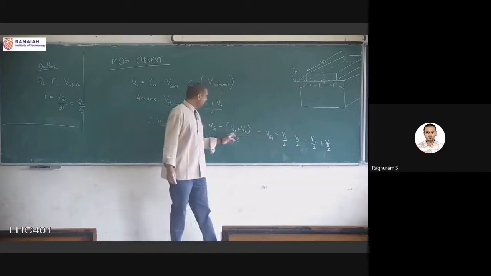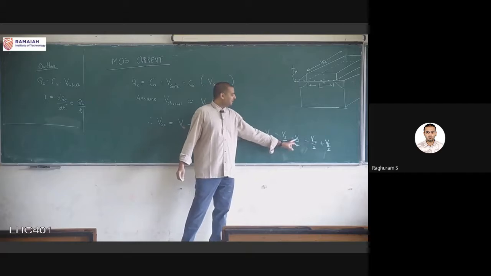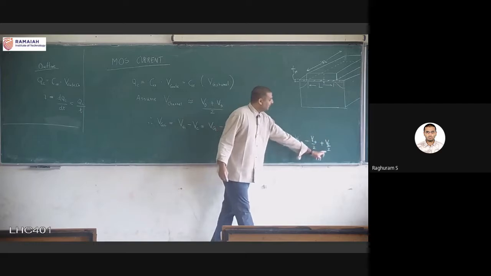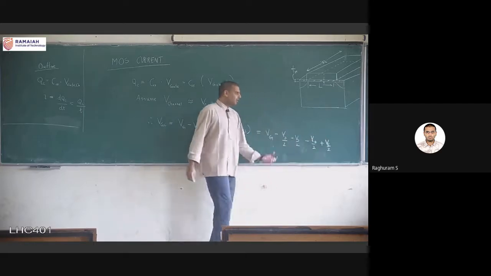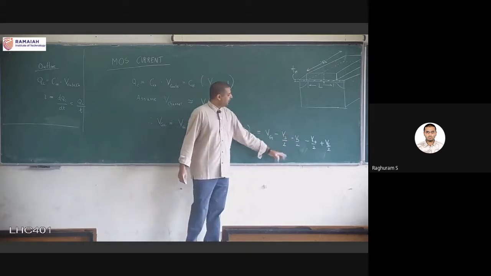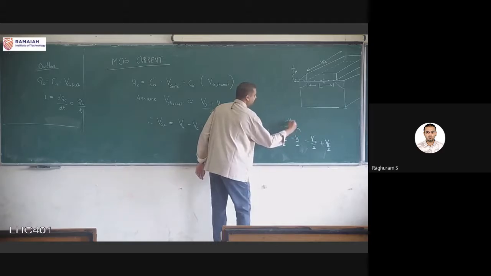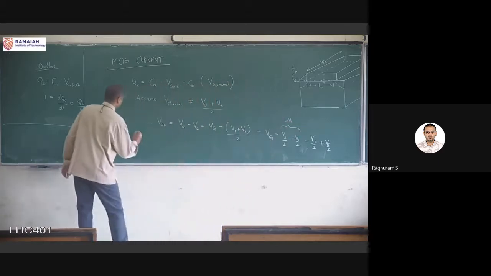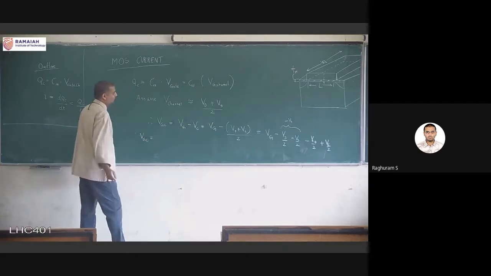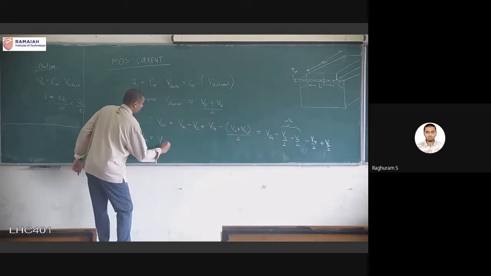Minus Vs by 2 minus Vd by 2 is already there. I'm adding and subtracting minus Vs by 2. So minus Vs by 2 is subtracted here, minus Vs by 2 is added here. What I can do with that is combine minus Vs by 2 and minus Vs by 2 together to minus Vs. So what will happen is, therefore, VGC equal to Vg minus Vs.